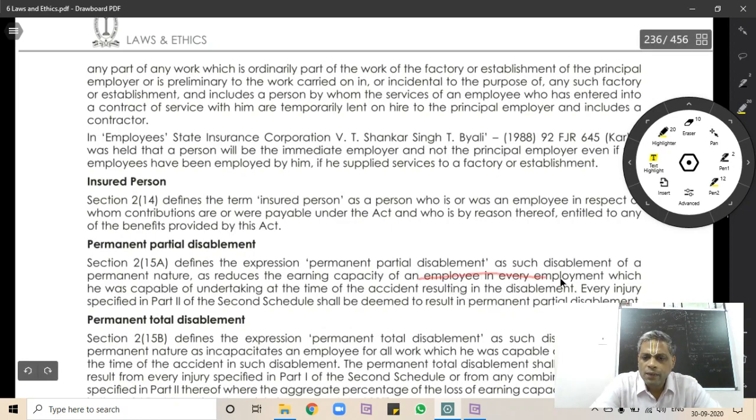Of an employee in every establishment which he was capable of undertaking at the time of the accident resulting in the disablement, because such disablement is of a permanent nature as reduces the earning capacity of an employee. So, suppose a person is working as a labor on the machines, which is manufacturing some XYZ material.